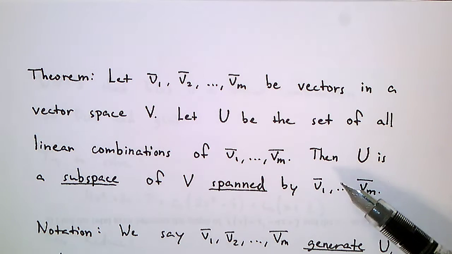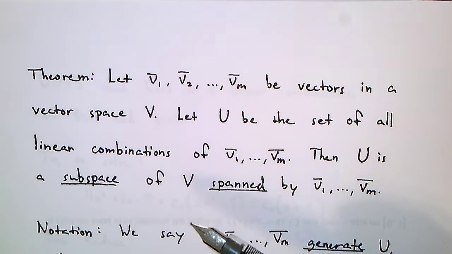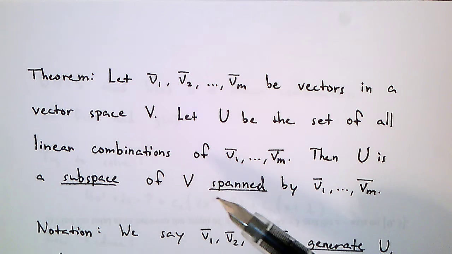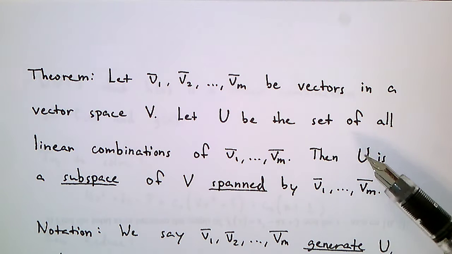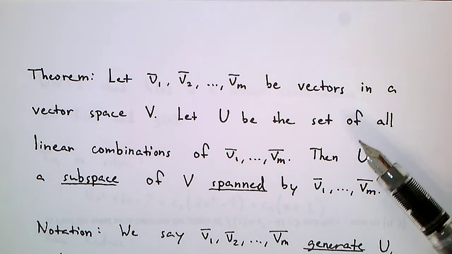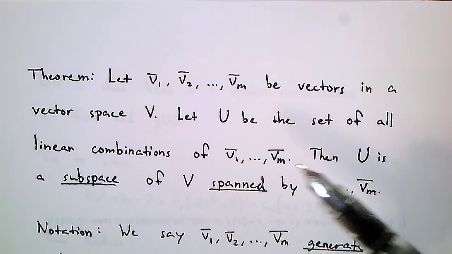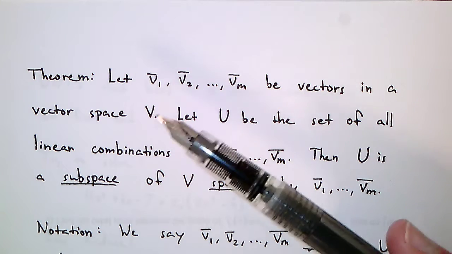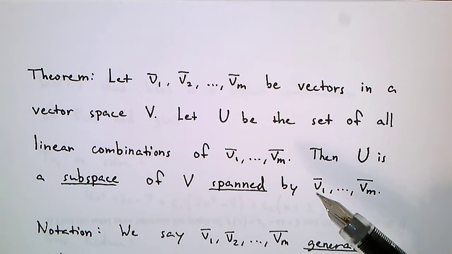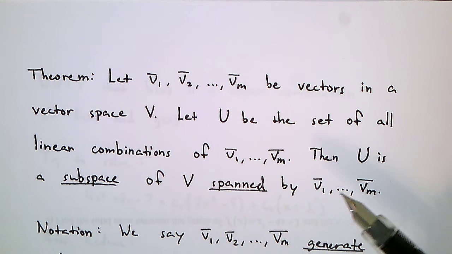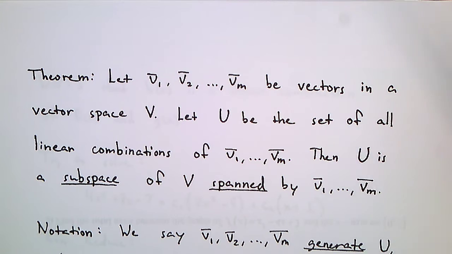Then the theorem says that U is actually a subspace of V spanned by my vectors. So that means this is actually a vector space contained inside of V, and every vector in U can be written as a linear combination of my list of vectors.